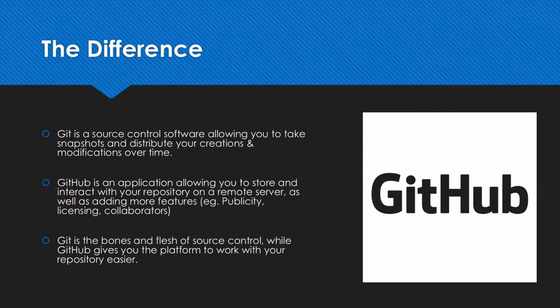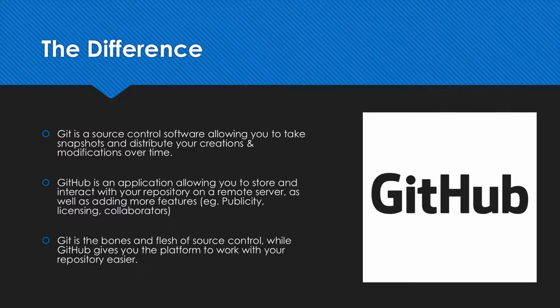So let's talk about the differences between Git and GitHub. If you haven't already identified them, I'm going to give them to you. So here you go. Git is the source control software that allows you to create these snapshots and push them, and it gives you all of the functionality, the backbone, kind of the skeleton of source control.